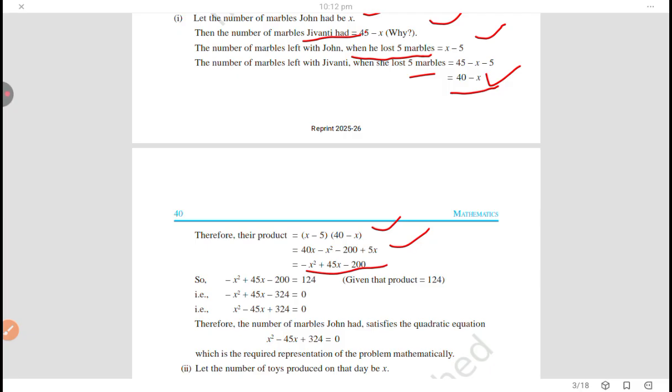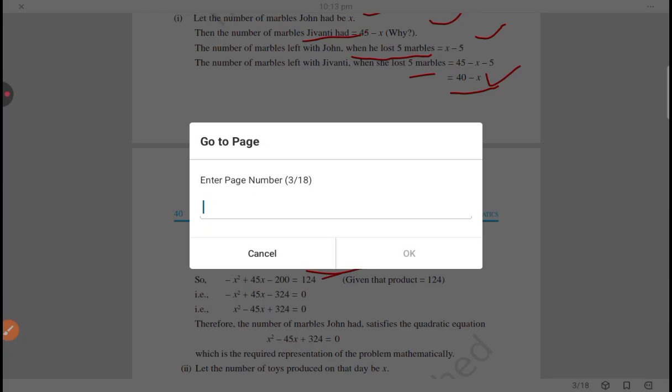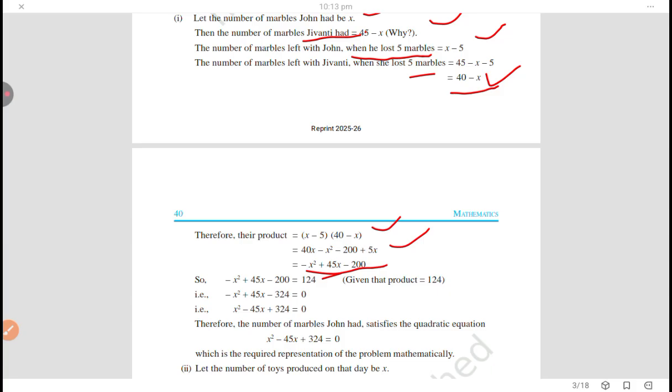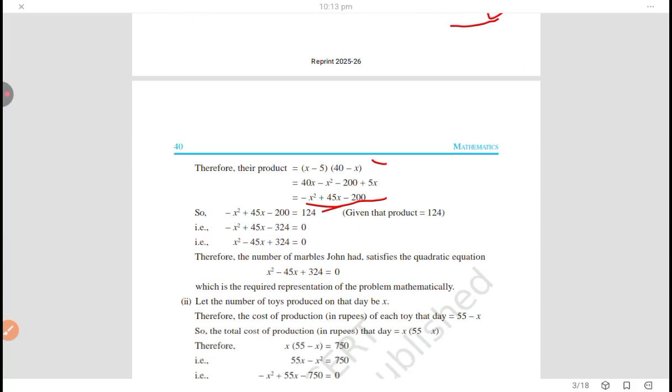It is given that the product is 124, so you should equate it with 124. So this is the solution.